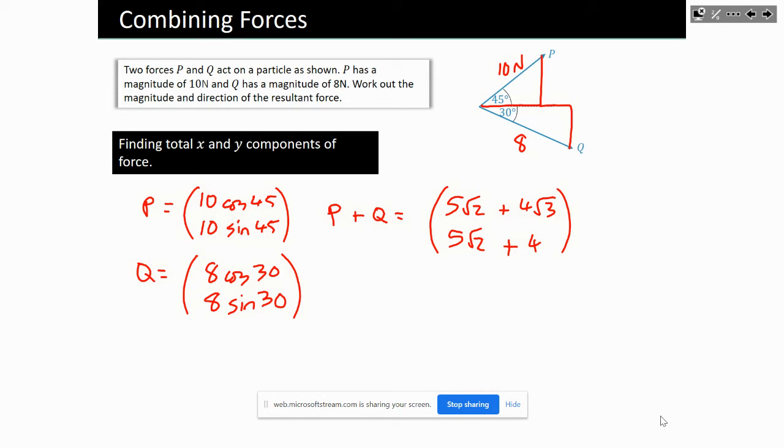So to work out the magnitude and the direction of this resultant force, let me just make this really clear. Let's write the directions on here. You can see the j component of the Q force is negative, so we'd end up with negative 8 sine 30 here, which changes this to a minus 4.